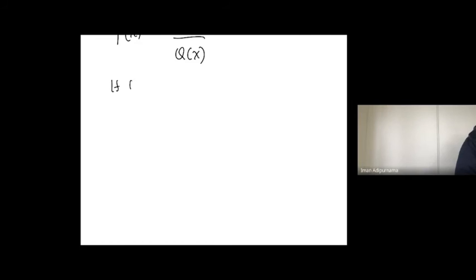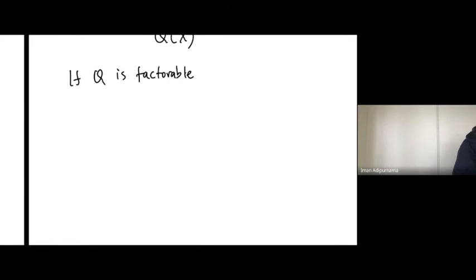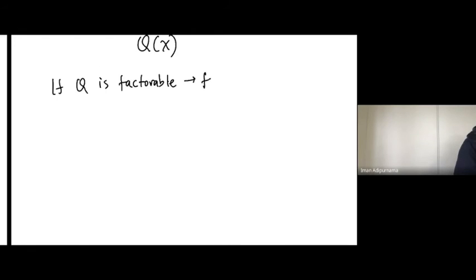So if the function, let me write the p over q. If q is factorable, you can factorize it. If this is factorable, then factor it.